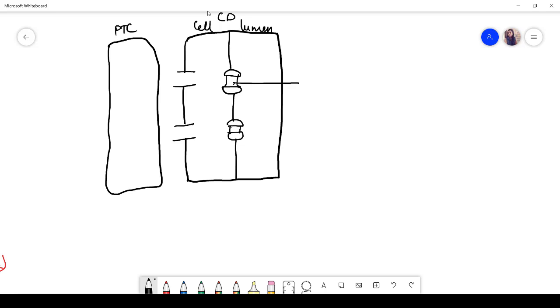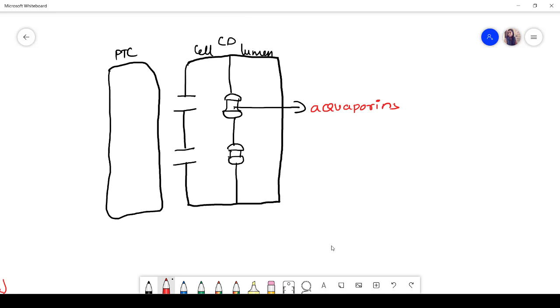This is called aquaporin. These are aquaporins. What is the function of aquaporins, and who controls aquaporin? Our hormone called ADH will control aquaporin. ADH means anti-diuretic hormone. So what will happen if we drink less water from morning to evening?